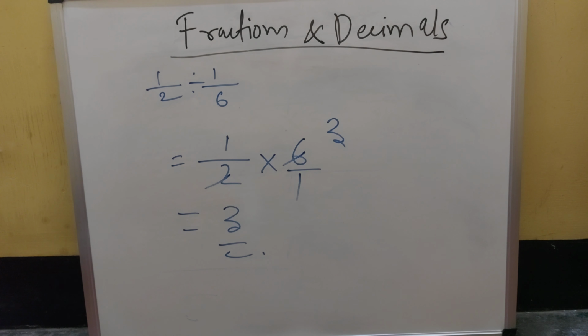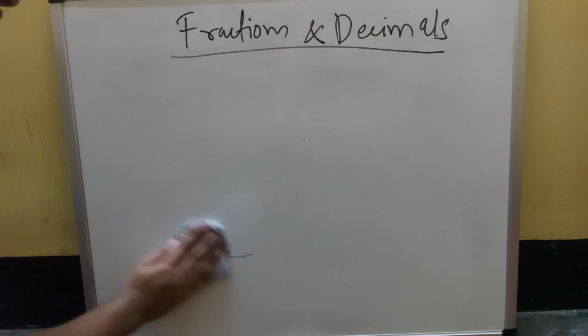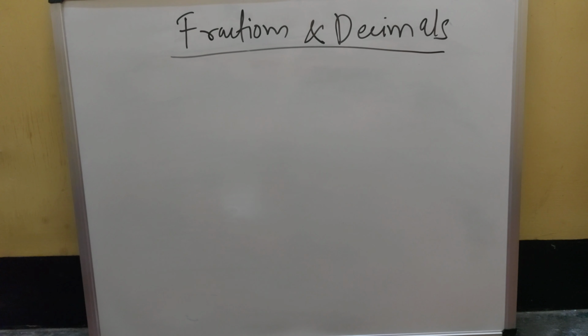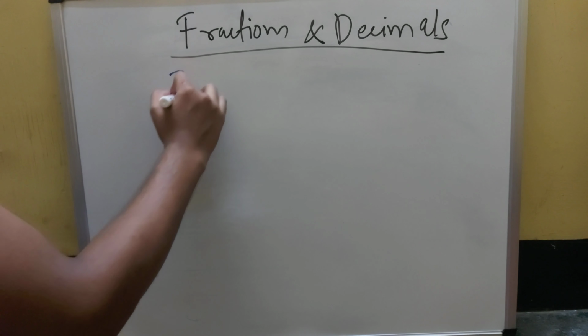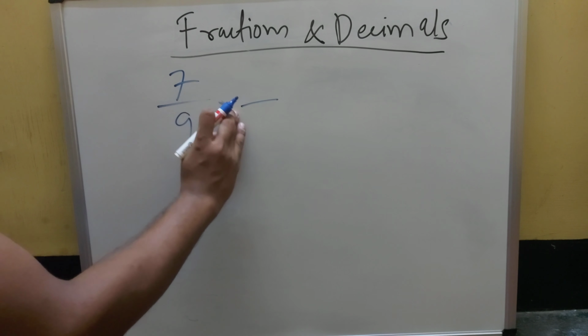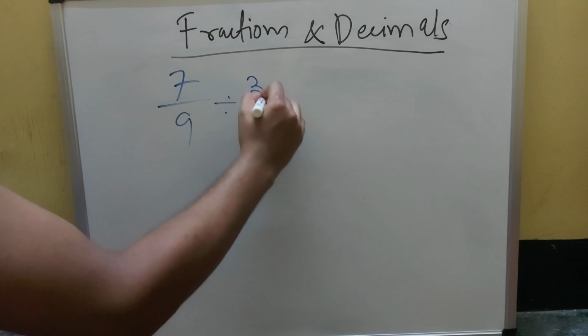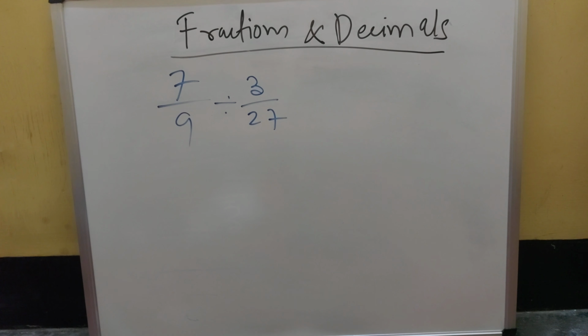One more example I am giving. Last one. 7 by 9 divided by 3 upon 27. How will we solve it?